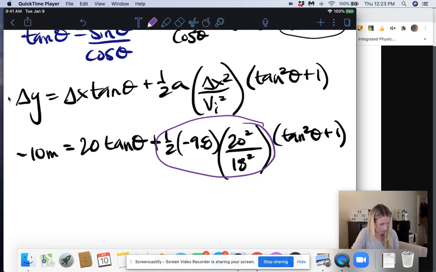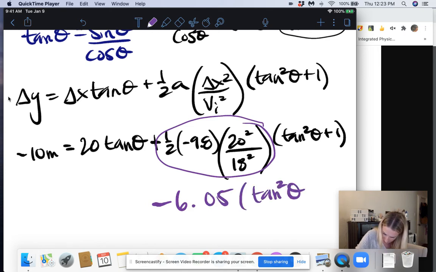And then I'm going to multiply that by negative 9.8 and multiply that by 0.5, or 1/2. We end up getting a negative 6.05. All right, and then I have times the tangent squared theta plus 1, and then negative 10 equals 20 tangent theta.